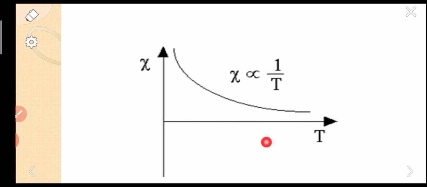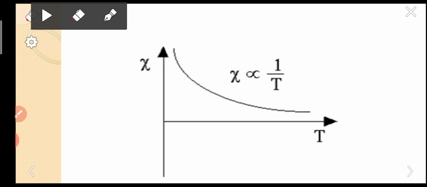So psi is proportional to 1 by T. If we take a constant, the Curie constant, psi equals C by T. This is the susceptibility versus temperature diagram.